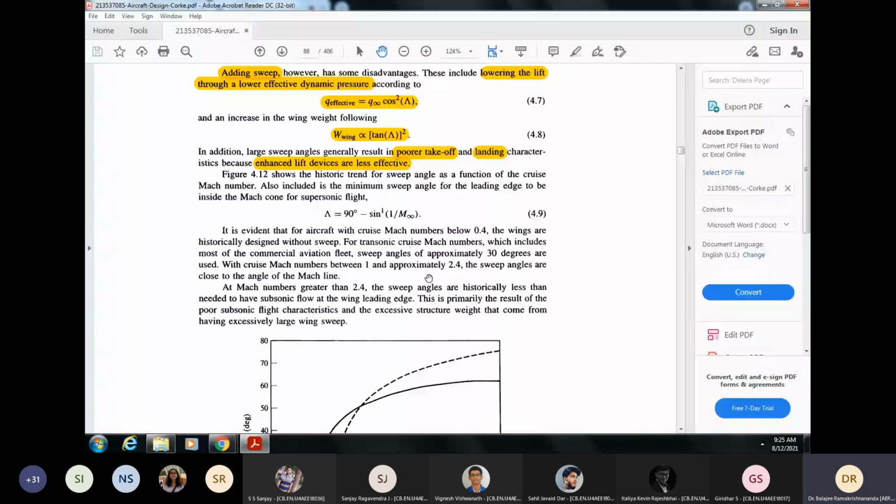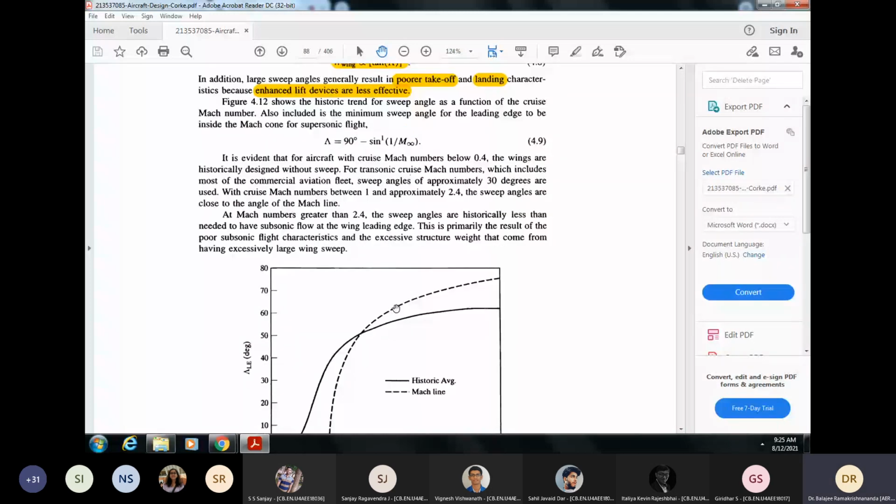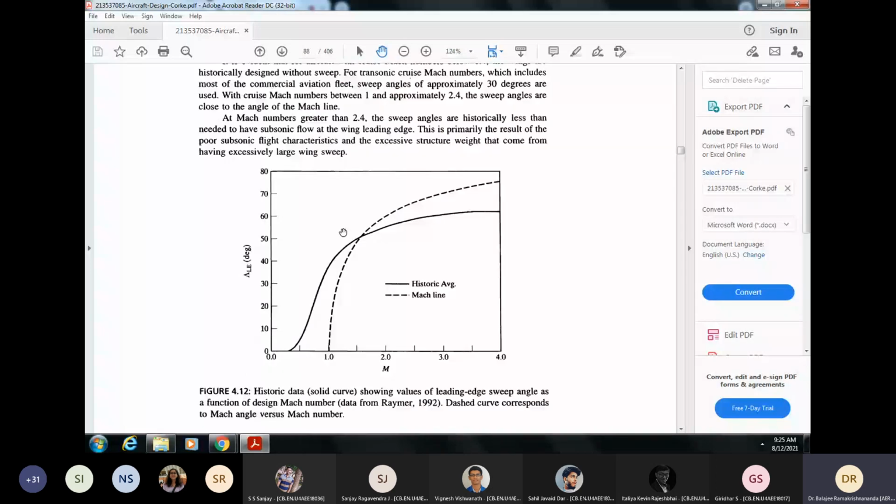The minimum sweep angle is given here. Gamma is 90 minus sin inverse of 1 by M. That is given by this line. At Mach numbers greater than 2.4, the sweep angles are historically less than needed to have subsonic flow at the leading edge, so we violate this rule at higher Mach numbers.